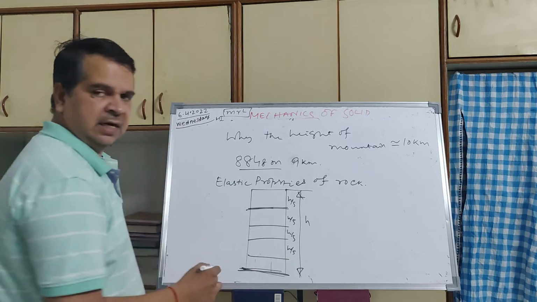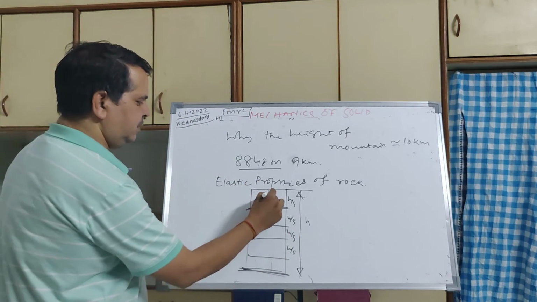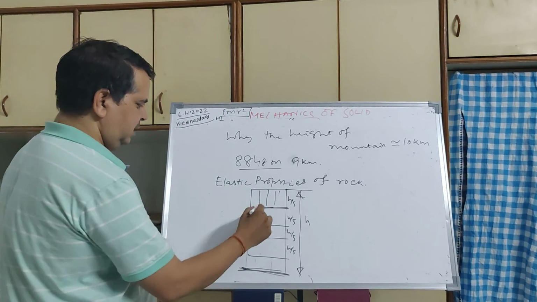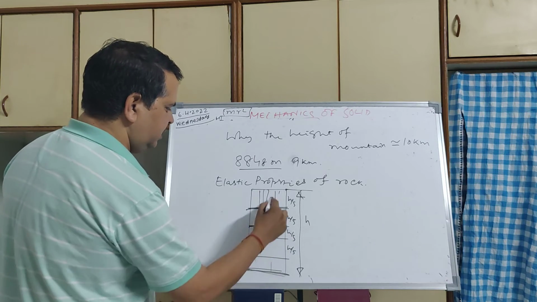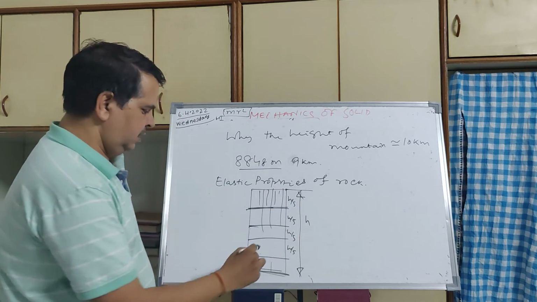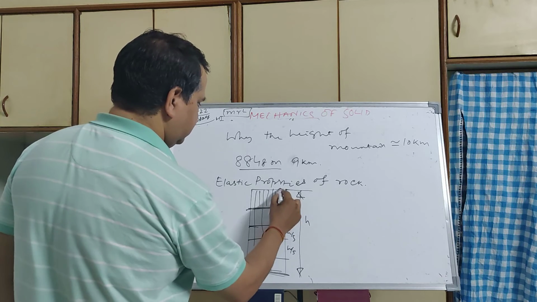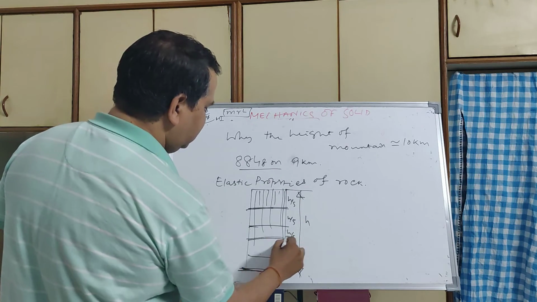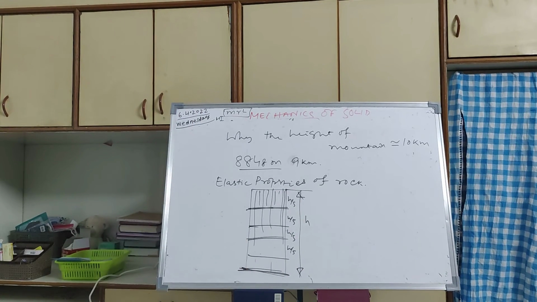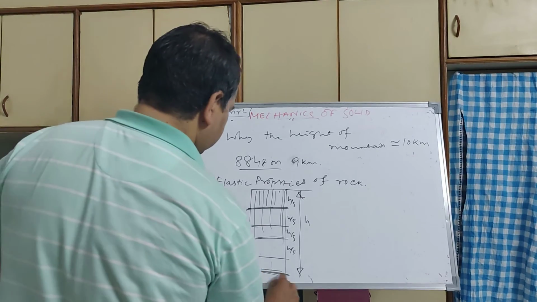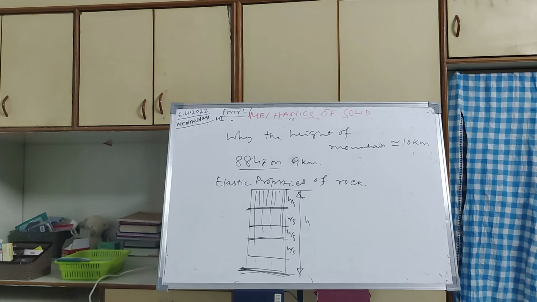Here, whatever load is acting is only because of this much height, and so on. That means the lower we go, the higher the weight acting. So at the bottom, the highest load will be acting.